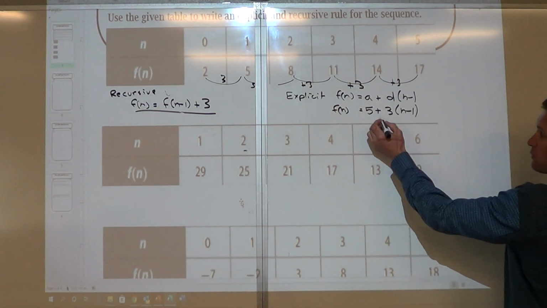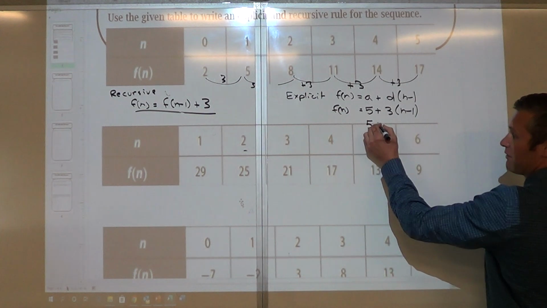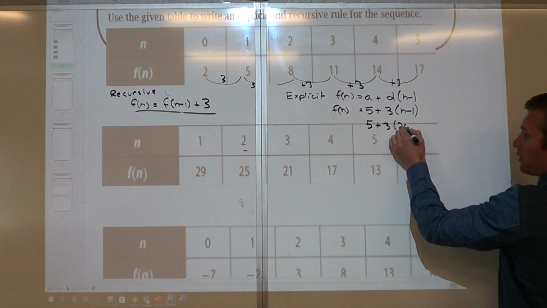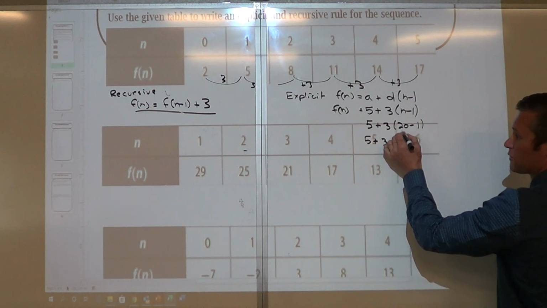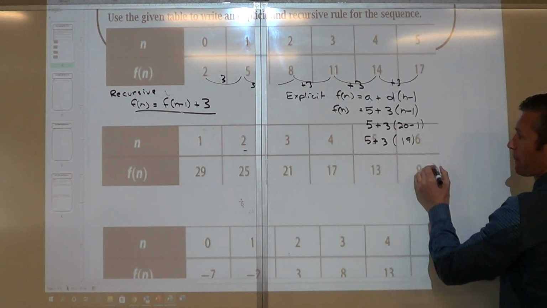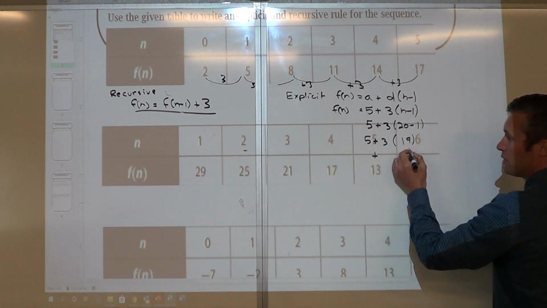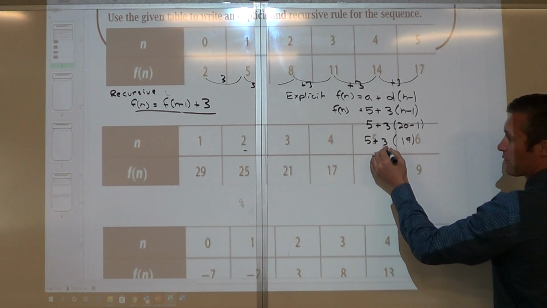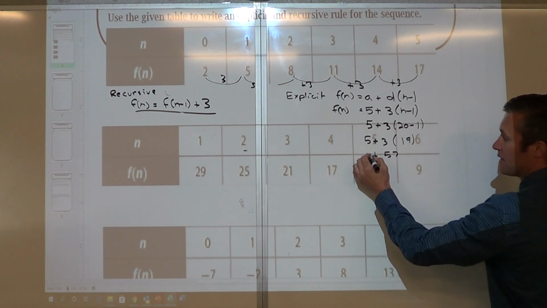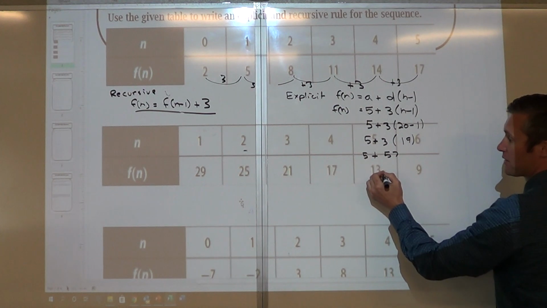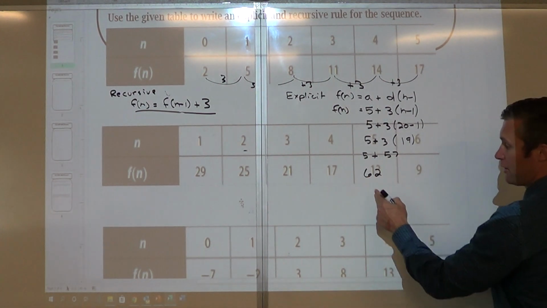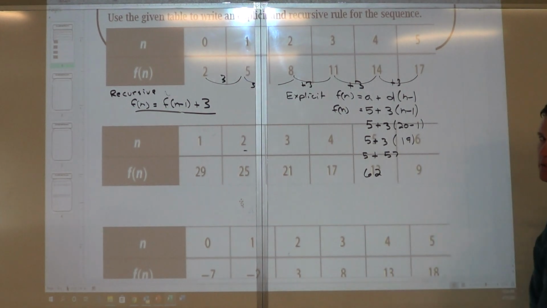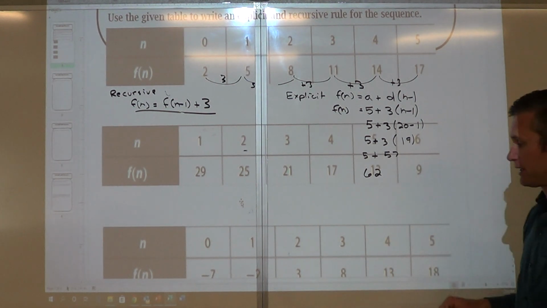For the 20th term, I would go 5 plus 3 times 20 minus 1. 20 minus 1 is 19, 3 times 19 is 57, and then I add 5. 5 plus 57 is 62. So the 20th term has a value of 62.